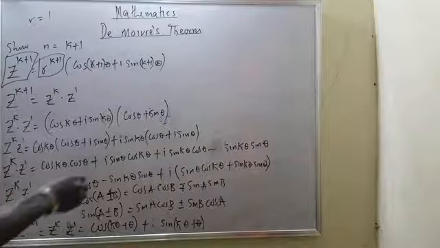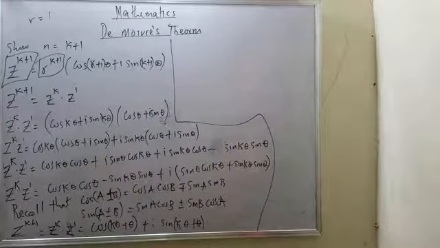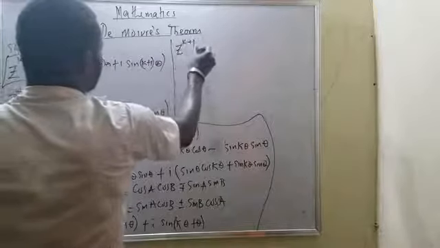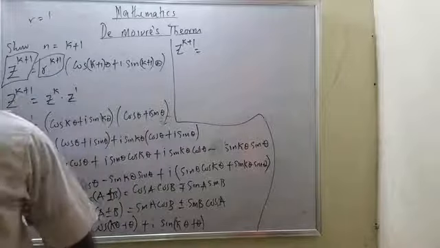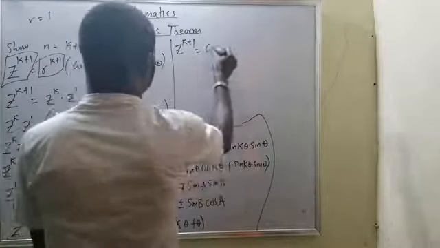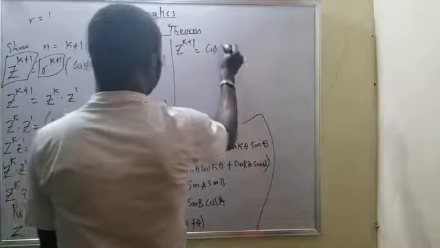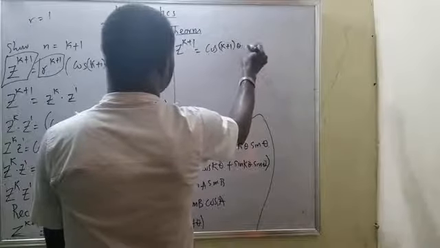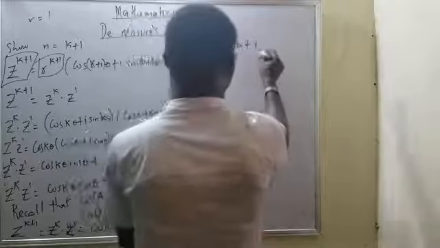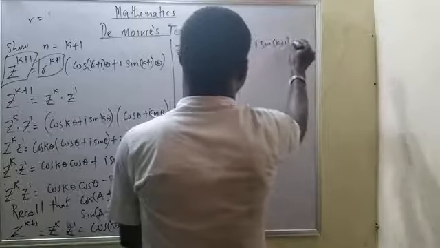Since I have it this way, I can now continue: z to the k plus 1 will be equal to cos of k plus 1 theta plus i sine of k plus 1 theta.